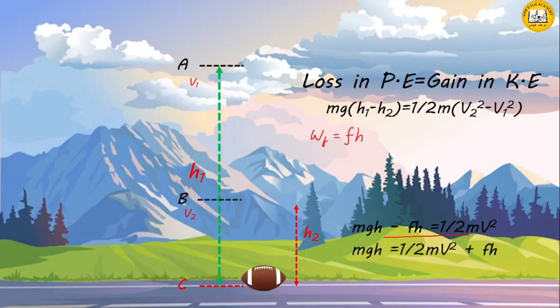So, the final result will become mgh is equal to half mv square plus Fh, where mgh is the loss in potential energy, half mv square is the gain in kinetic energy, and Fh is the work done against friction.